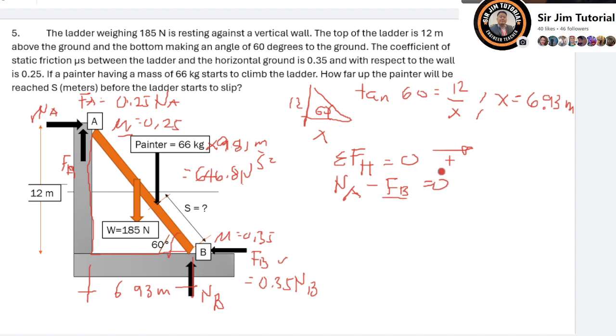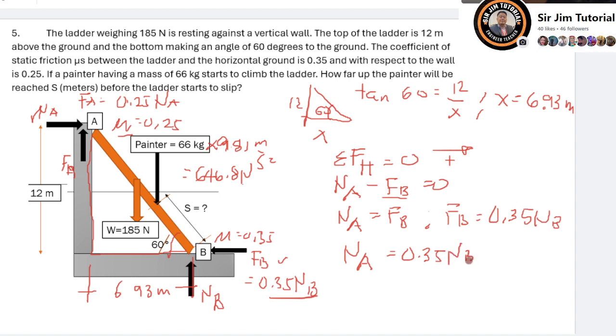Moving this negative FB to the right becomes positive. So you will have NA equals FB. But we know that FB is equal to 0.35 NB, right? So meaning we can have NA is equal to 0.35 NB.